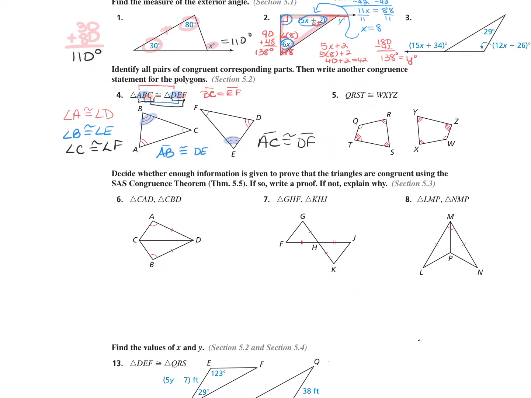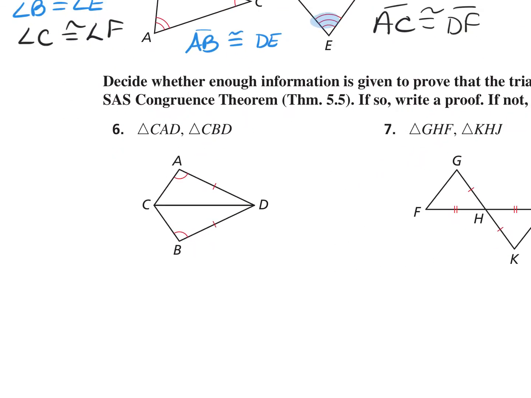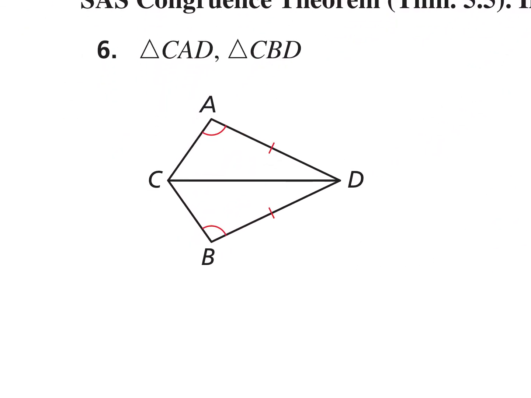Now, the next part, this is where we can write some proofs. So again, your proofs will be nice and short, just like you did for numbers 7 and 8. Now, number 6, these are not congruent. So notice the only other piece that I can come up with that's congruent here is this reflexive side.